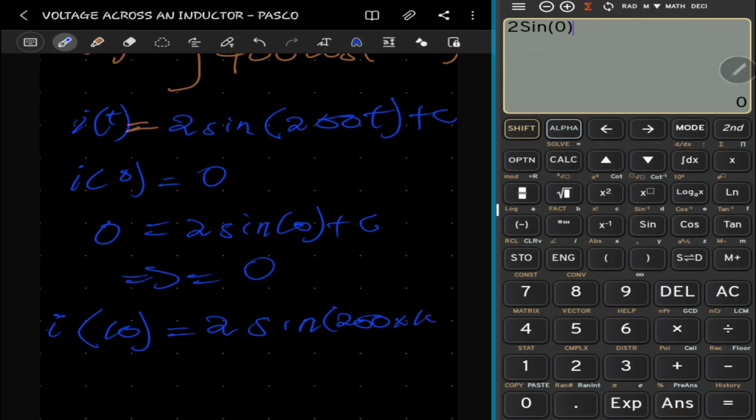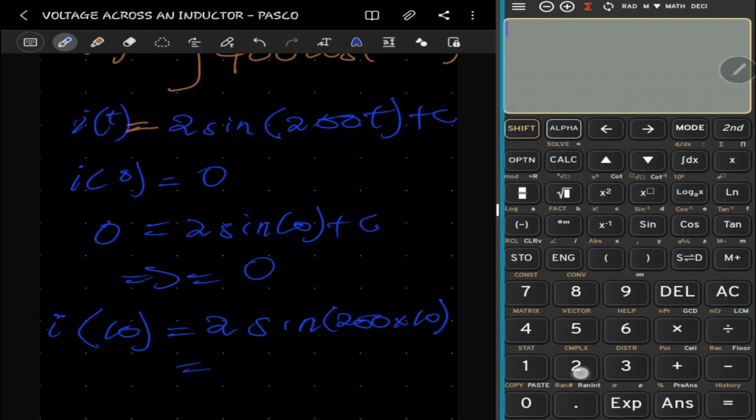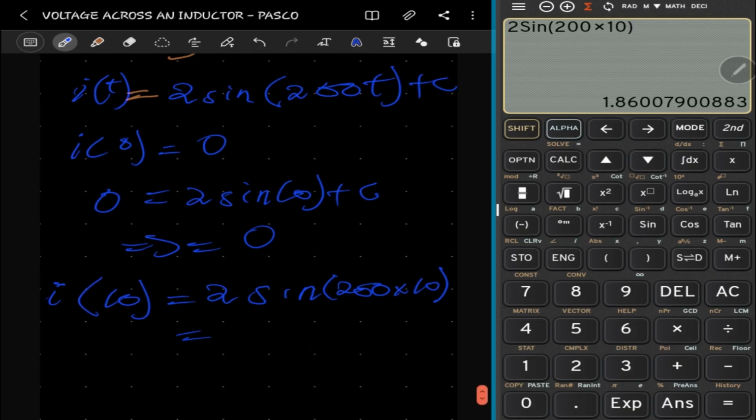So the current at 10 seconds is basically 1.86041 amperes. The unit is very important, amperes. So for such a problem, this is what we get. All right.